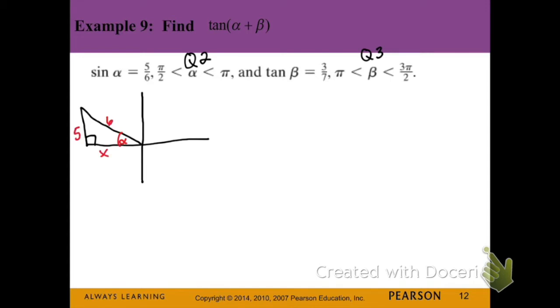So here's my triangle for alpha. I've labeled the opposite side as 5 and the hypotenuse is 6, and I need to find my adjacent side now.